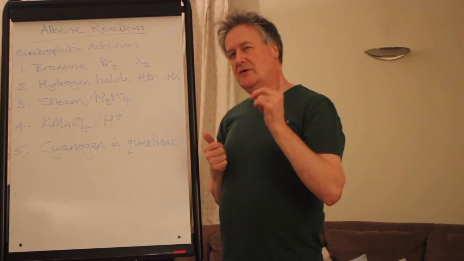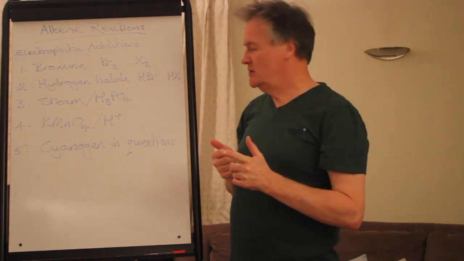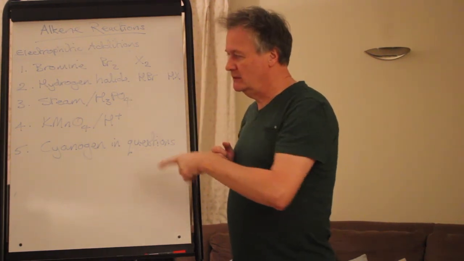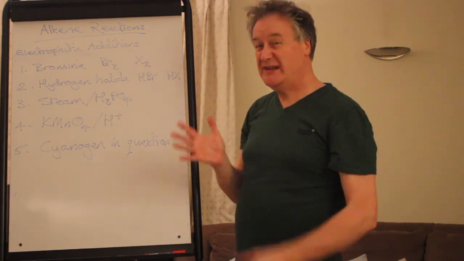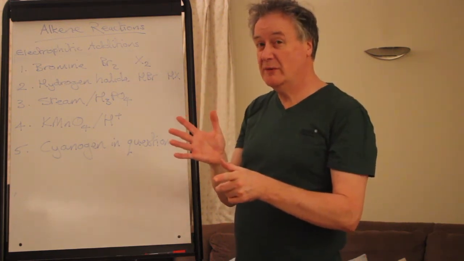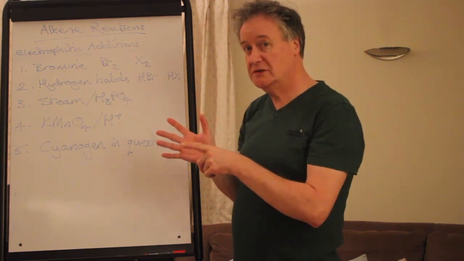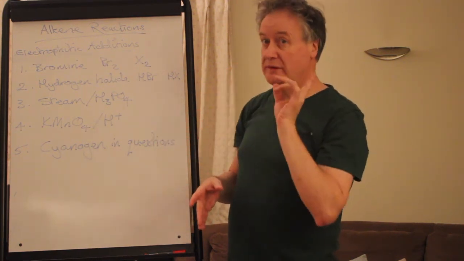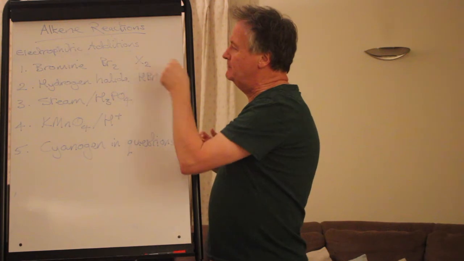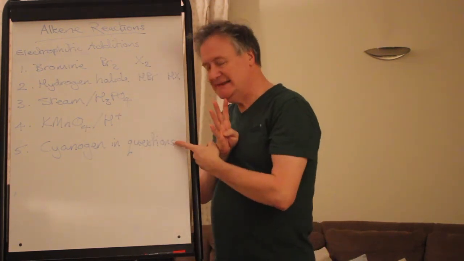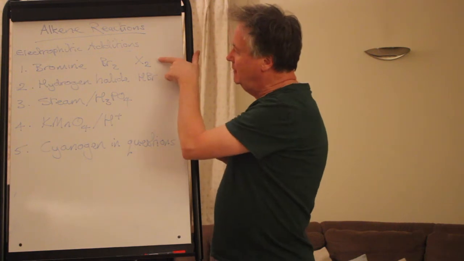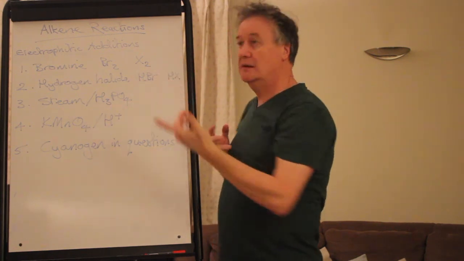So this is the take lots of notes section, because we're going to go through these 5 electrophilic additions. There are a couple of other reactions you need to know about that are not electrophilic additions. We'll do those after we've done the electrophilic additions. So there are 4, and then there's this. I'll come to that in a second. They're all additions.